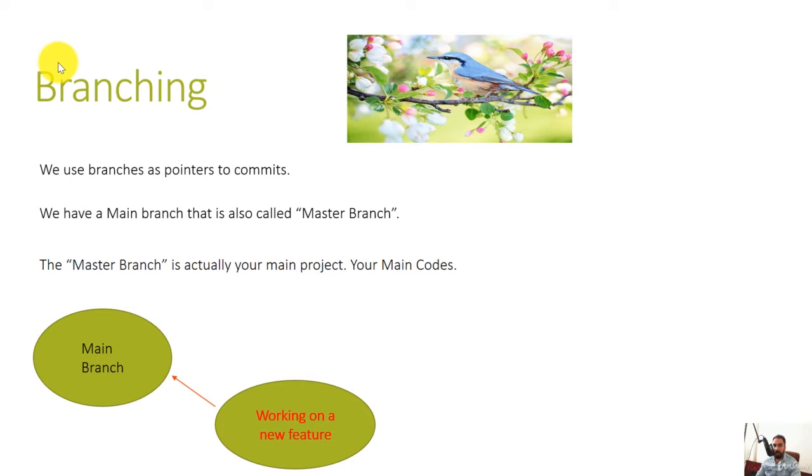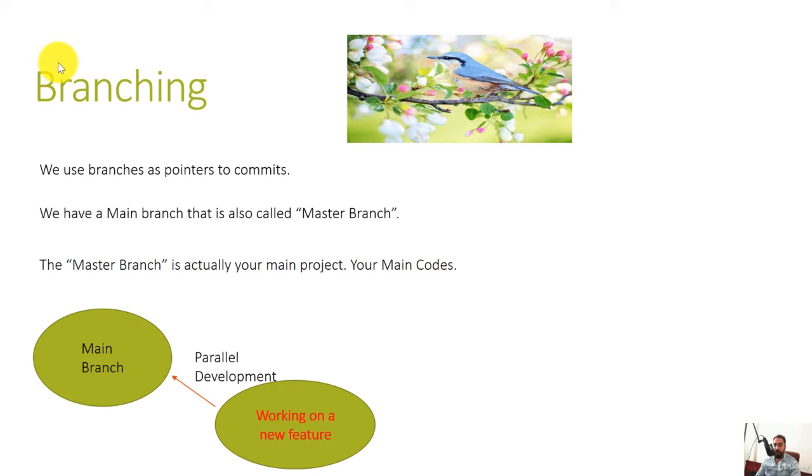So in this case, we are going to create a new branch in order to work on the project, which is called parallel development. So we have two branches, which is fine. The first one is the main branch. The second branch is also our main project, but we want to add a new feature to it. So we are going to use parallel development to work on the new branch and add the new feature.